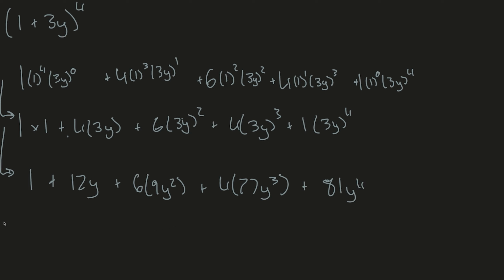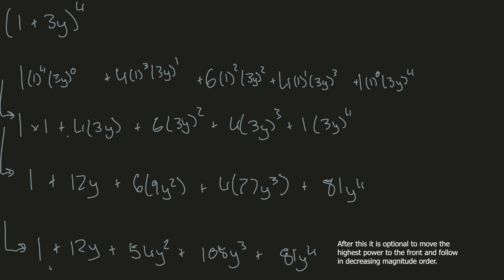So again, we do this again, simplifying further. 1 plus 12y plus 6 times 9, which is 54y squared, plus 27 times 4. You're going to need a calculator for some of these. y to the 3, and then 81y to the 4. Now that is the completed solution for (1 + 3y) all to the power of 4.